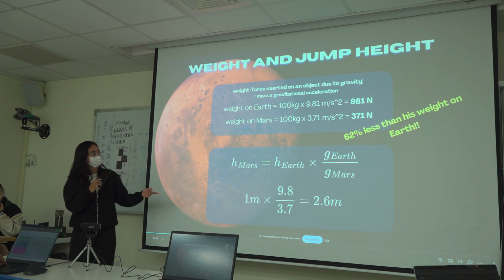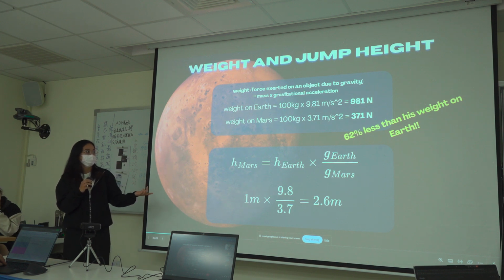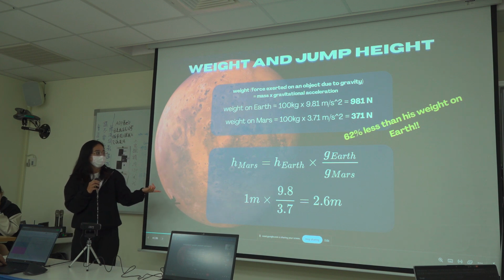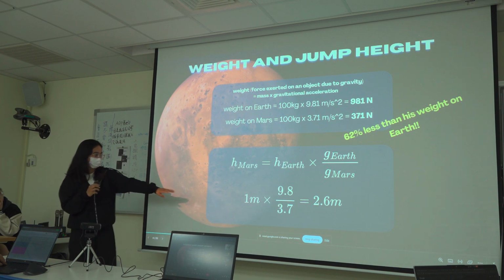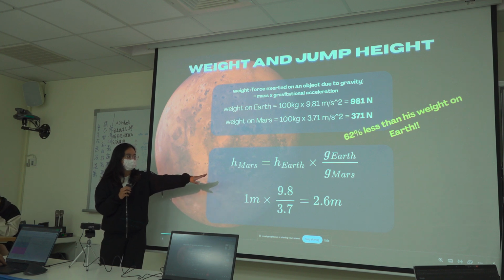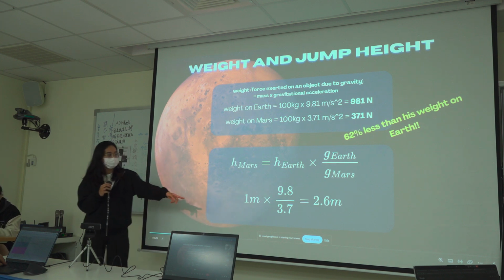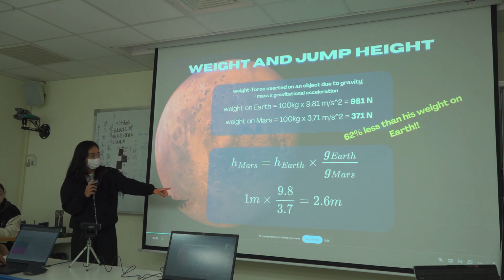And the last part is his jump height. We will assume that he can jump 1 meter, and we multiply it by the gravitational acceleration of both planets and divide, and we get 2.6 meters.